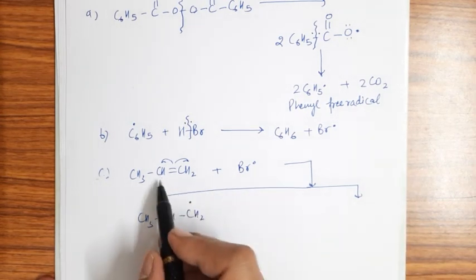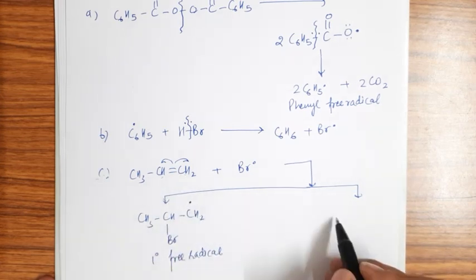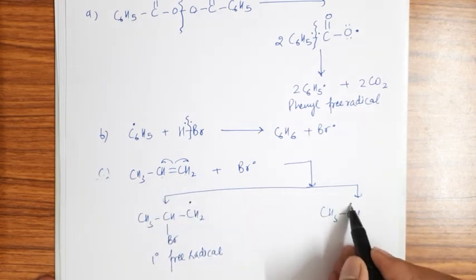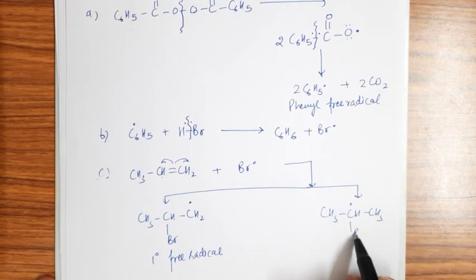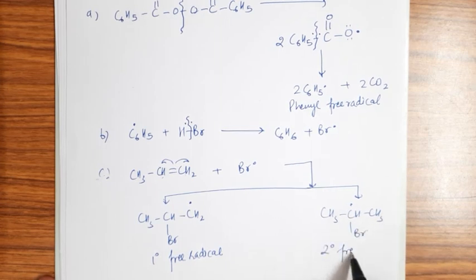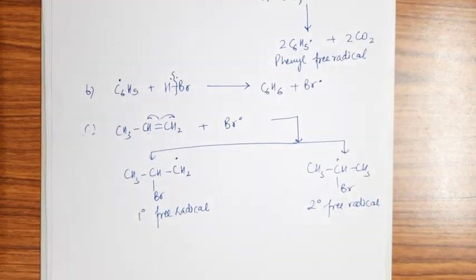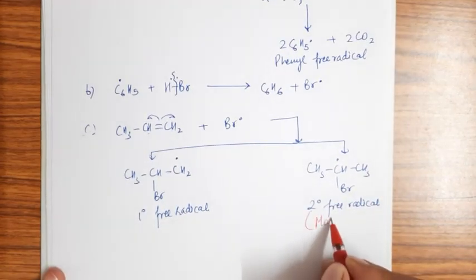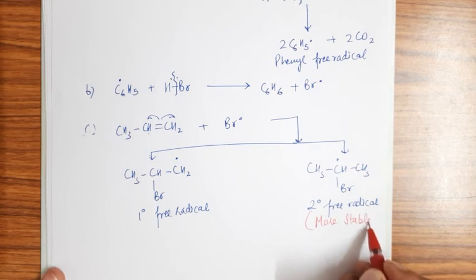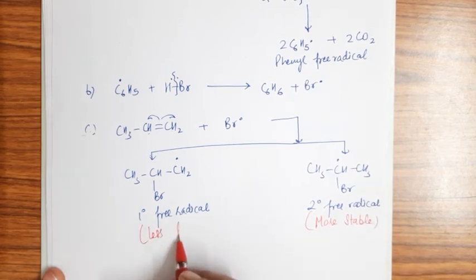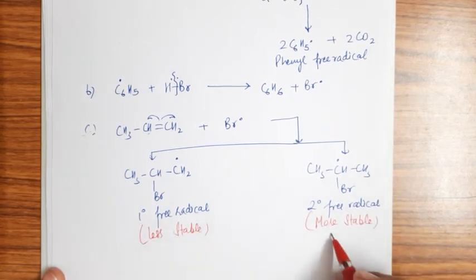If bromine is attached to this one, then the 2 degree free radical is formed. As we know, the 2 degree free radical is more stable as compared to 1 degree, so this will be the major product.